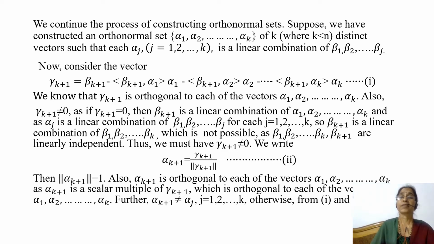We know that gamma k plus 1 is orthogonal to each of the vectors alpha 1, alpha 2 up to alpha k.